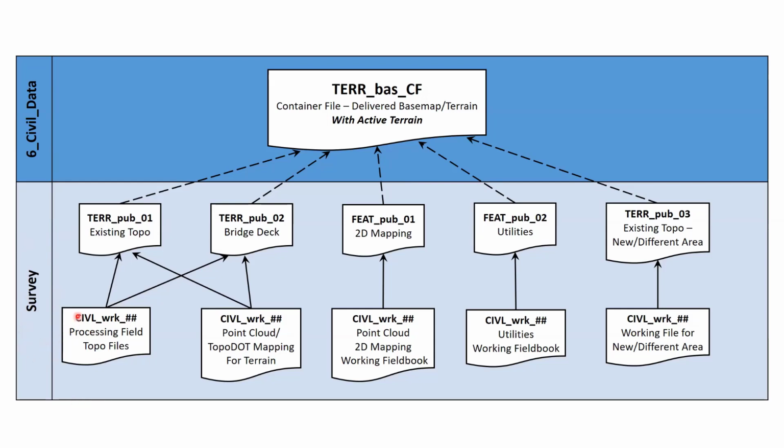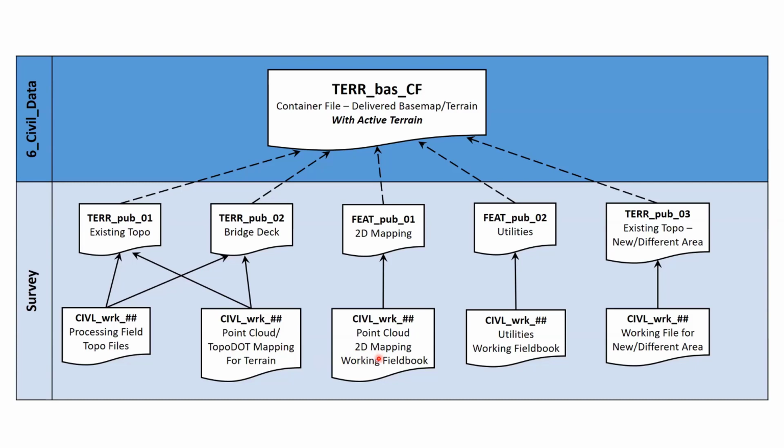In this example, I've got a civil work number there, but pretend that's civil work 01. I would use that for processing my field topo files initially, maybe. I would have another civil work file if I were going to be doing some point cloud or topo dot mapping for my terrain, and another if I were doing 2D mapping for point cloud work.